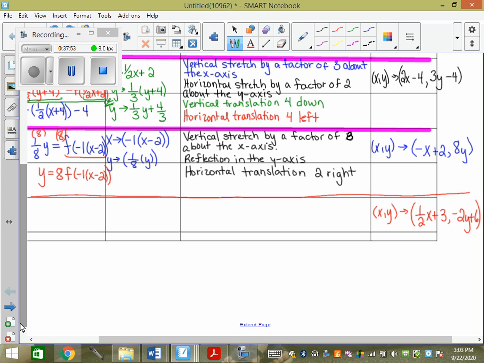You add brackets and everything flips. So I have xy equals 1/2 x. So what is this? This is a horizontal stretch by a factor of 1/2 about the y-axis, or horizontal translation, 3 left. Vertical stretch by a factor of 2 about the x-axis. A reflection in the x-axis, 6 down, up, not down.